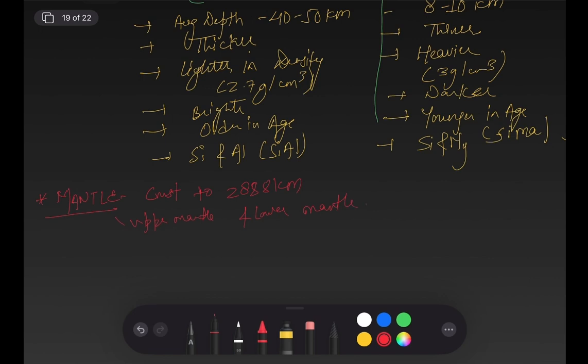Mantle is heavier than the crust, but lighter than the core. 83% of the Earth by volume and 68% by mass is mantle.